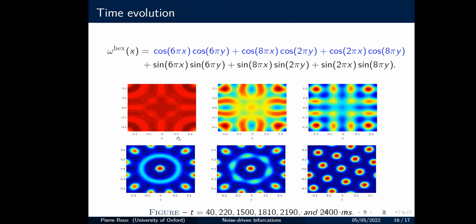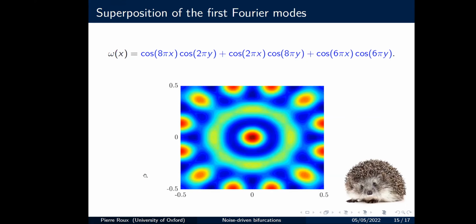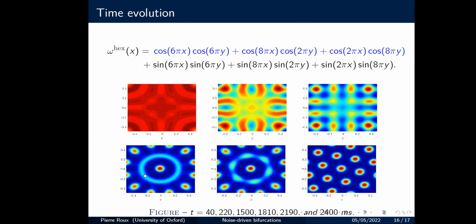And if you look at this time evolution of the system from a constant state, which is unstable for small enough noise, you can see that the fourth panel in the bottom left part looks a lot like this. In fact, it's very close in spirit.